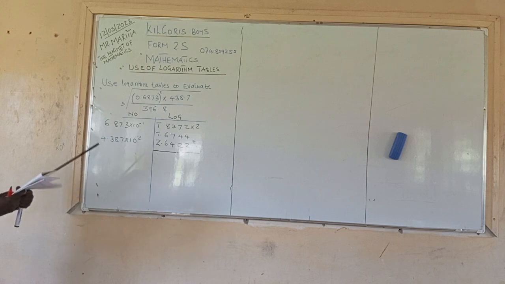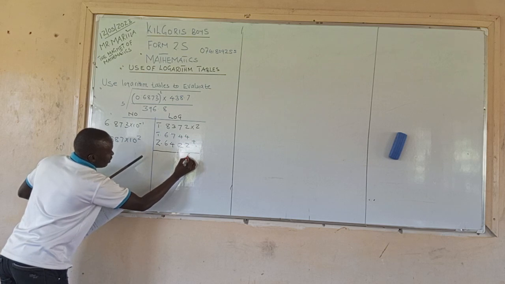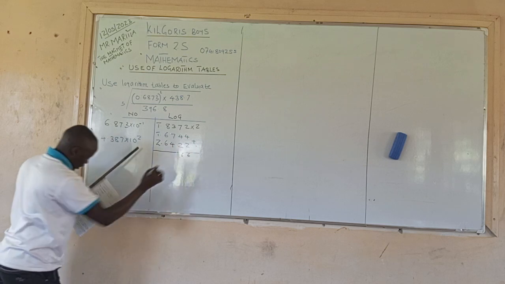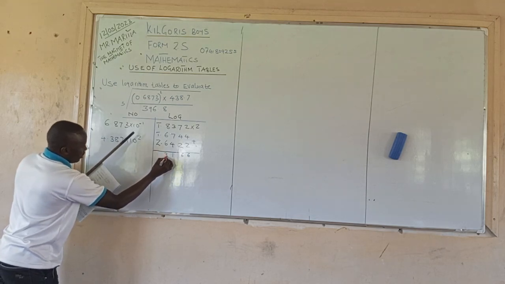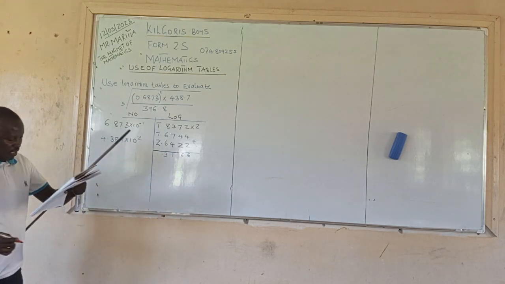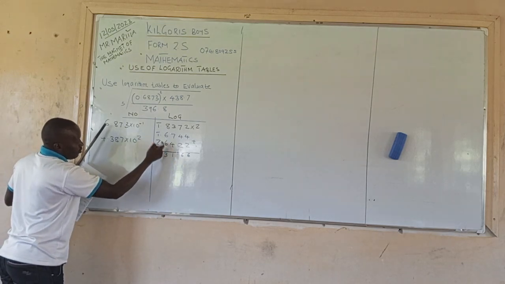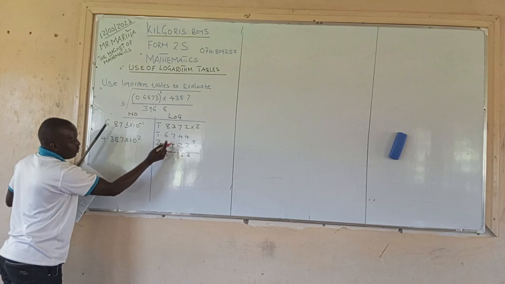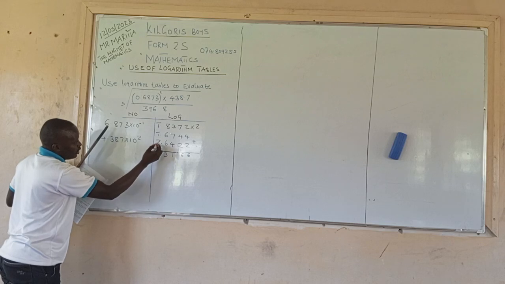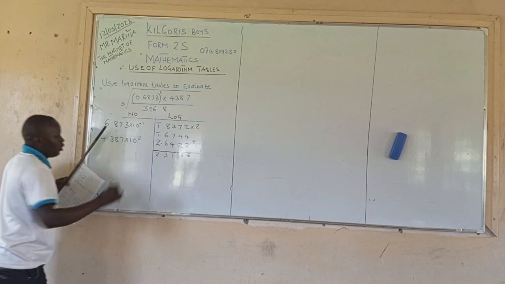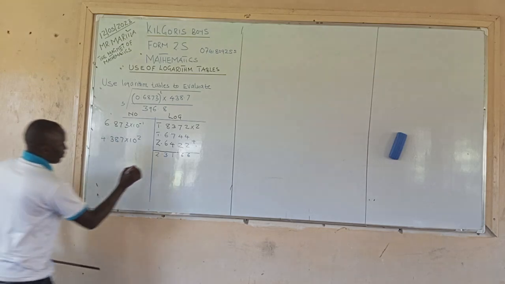Adding, we get 6, then 1, then 3, then the point, and 3. There is one we carried here, so we have a positive 1 and a negative 1, so they cancel out. We remain with 2.3166 on this side.